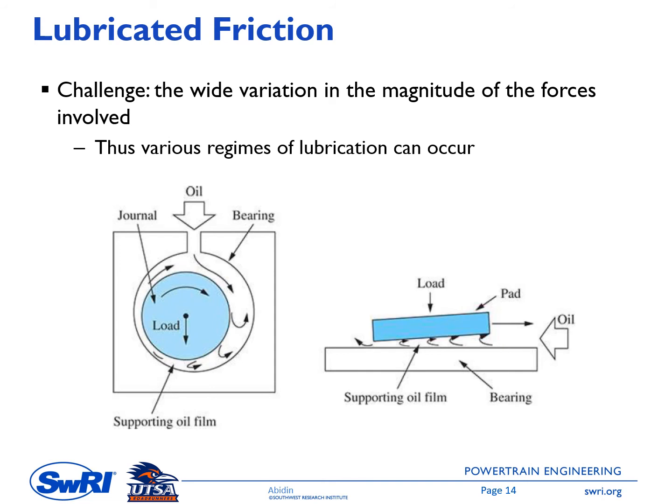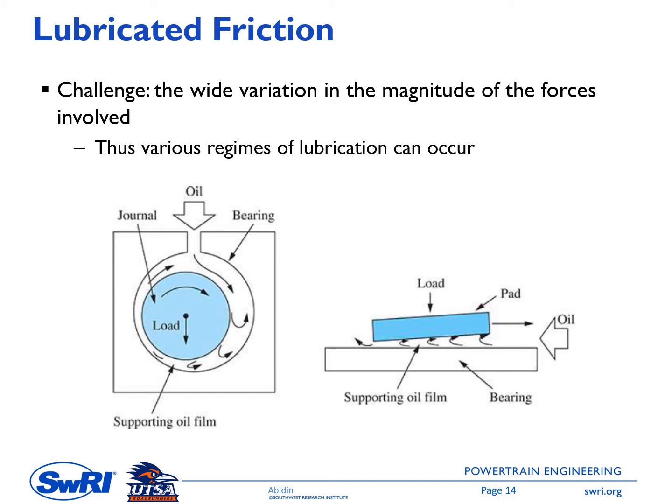A primary problem in understanding friction between lubricated surfaces in engines is the wide variation in the magnitude of the force involved. And then we might encounter a different regime of lubrication. This figure is showing two common geometries for lubricated parts.